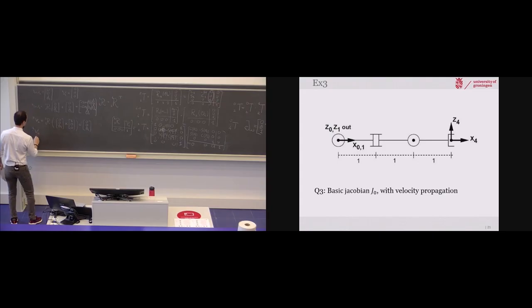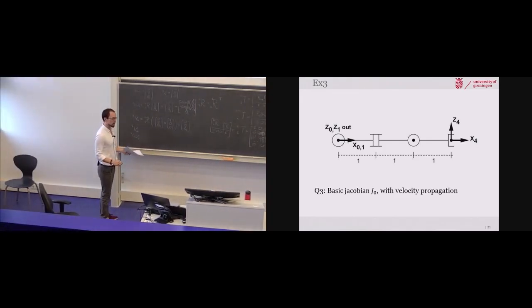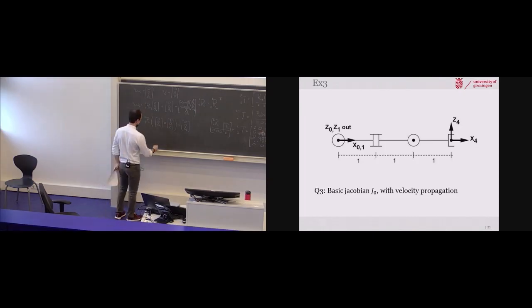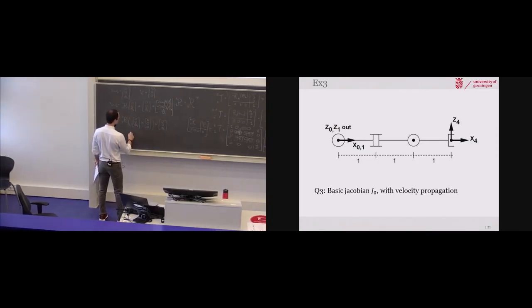And you arrive to V44 and the angular velocity 44, okay? But these two are the linear and the angular velocity expressed in the frame 4. What you need to compute the basic Jacobian is these two, but expressed in frame 0. How do you do that? Well, it's easy, because you just have this nice relation that tells you that if you pre-multiply this by R, you obtain exactly what you want.